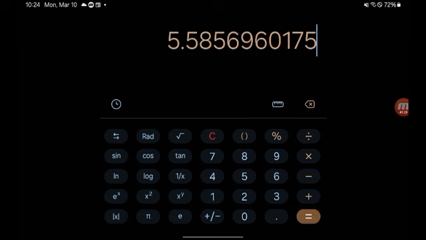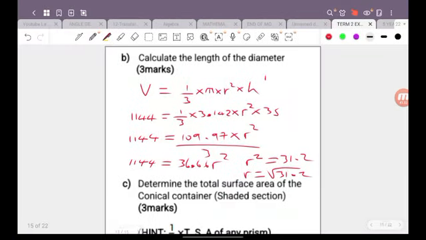We get 5.58, so we can just call that 5.6. Therefore r is equal to 5.6, and d is 2 times r, so 2 times 5.6, which is simply equal to 11.2.